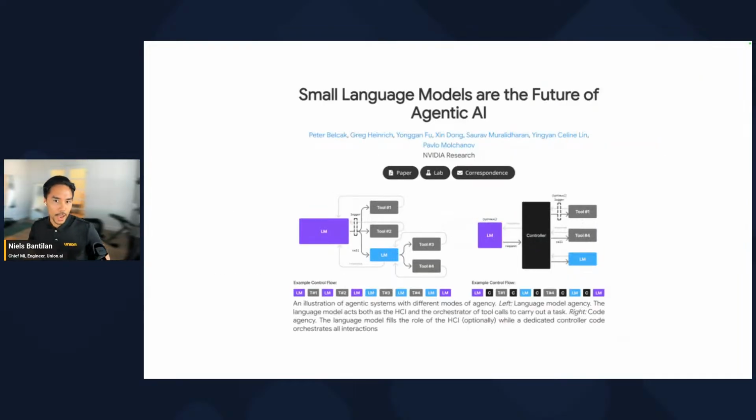So a few weeks back, maybe 2 months ago now, NVIDIA published a position paper stating that small language models are the future of agentic AI. In this paper, they highlight a few key reasons, some counter-arguments, and barriers to adopting SLMs. And we'll touch on that a little later in this webinar.